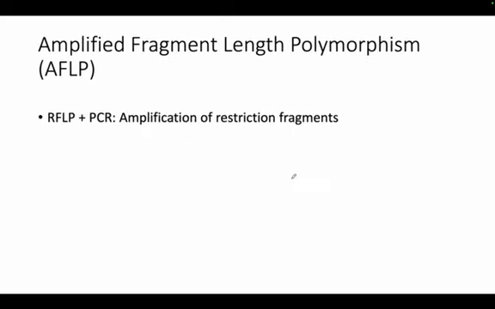A slightly better version of RAPD is something called amplified fragment length polymorphism, or AFLP, which is basically a combination of RFLP and PCR. RFLP was just restriction fragment length polymorphism, where we are cutting up the DNA and then getting different restriction fragments.